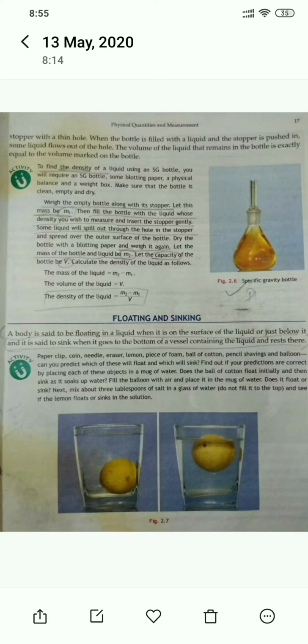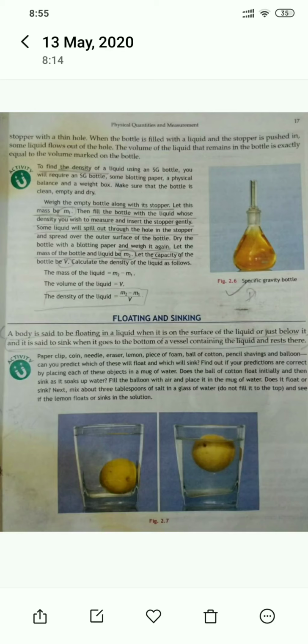So when we have to calculate the density of any liquid, what do we do? We first weigh the specific gravity bottle. Suppose the mass of that bottle is m1. Then we fill it with the liquid we have to measure, fix the cork into it and weigh the bottle again.